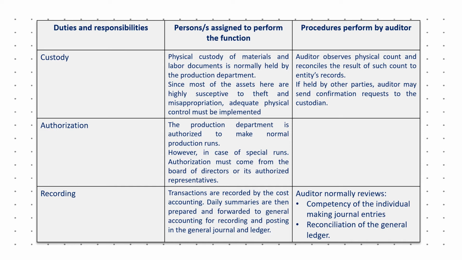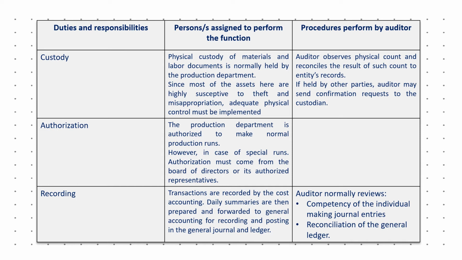Then, sa recording naman, so the person assigned in this duties and responsibilities is the cost accounting. So, si cost accounting for recording. So, after ma-finalize ni cost accounting department, the summaries will be forwarded also for recording in general accounting and posting to the general journal and ledger respectively.